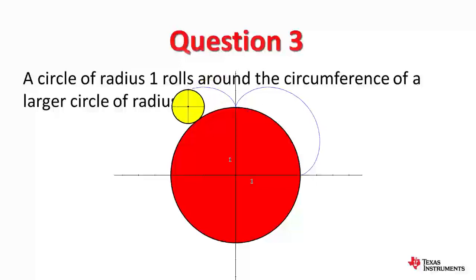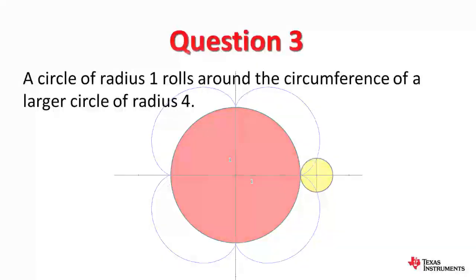We wish to find the distance traveled by the point between times pi on 12 and pi on 4, and we want the answer to 2 decimal places. So let's see how the curve looks.